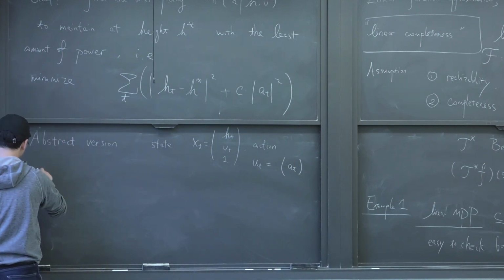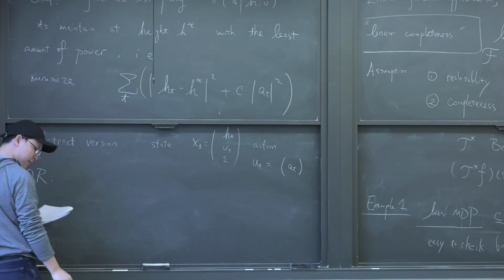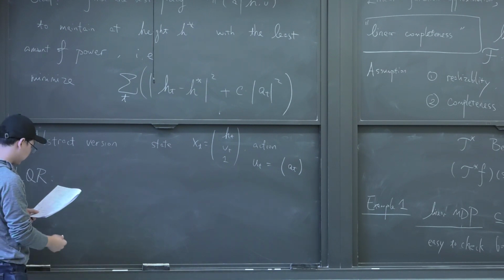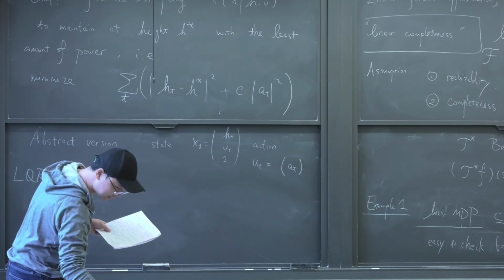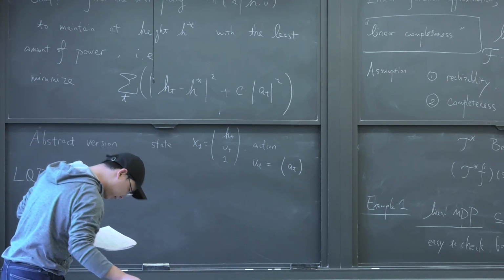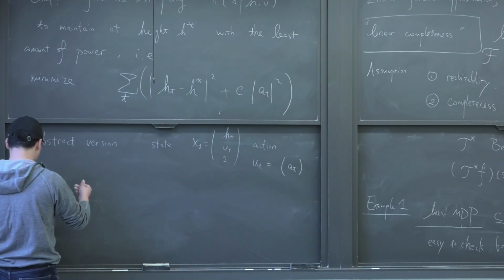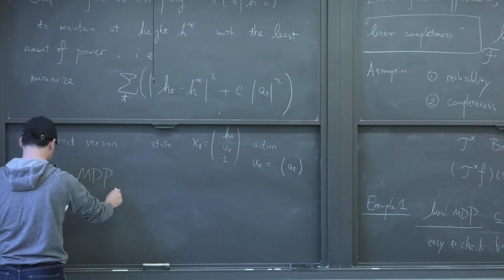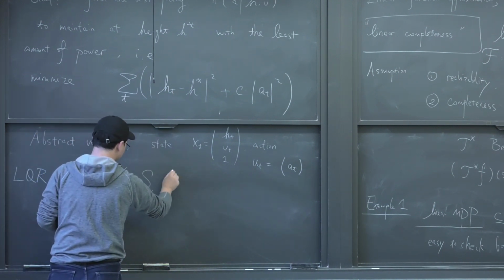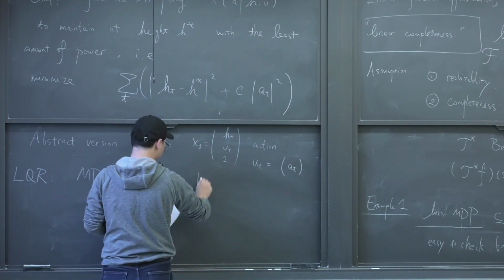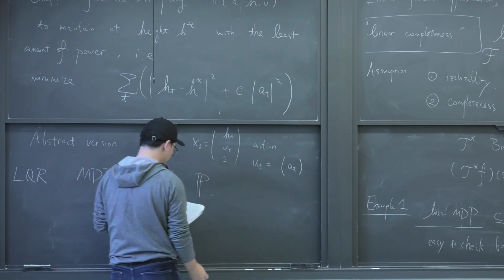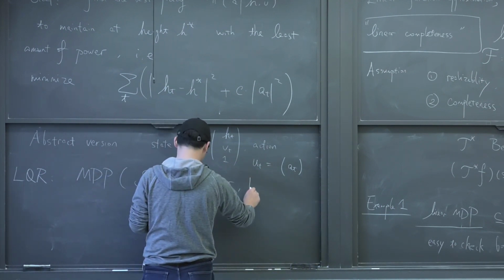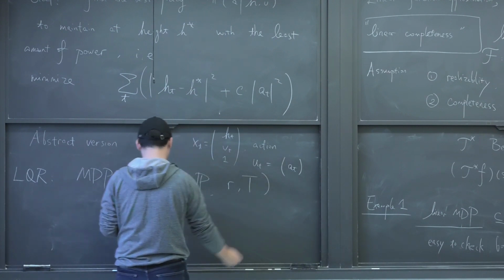So LQR is in general the type of following problem that we have. LQR is a generic type of problem like this. It's an MDP. Again, we have a state and action. All we need to specify is the set of states, set of actions, transition, reward, and horizon. Let's say the horizon here is t.